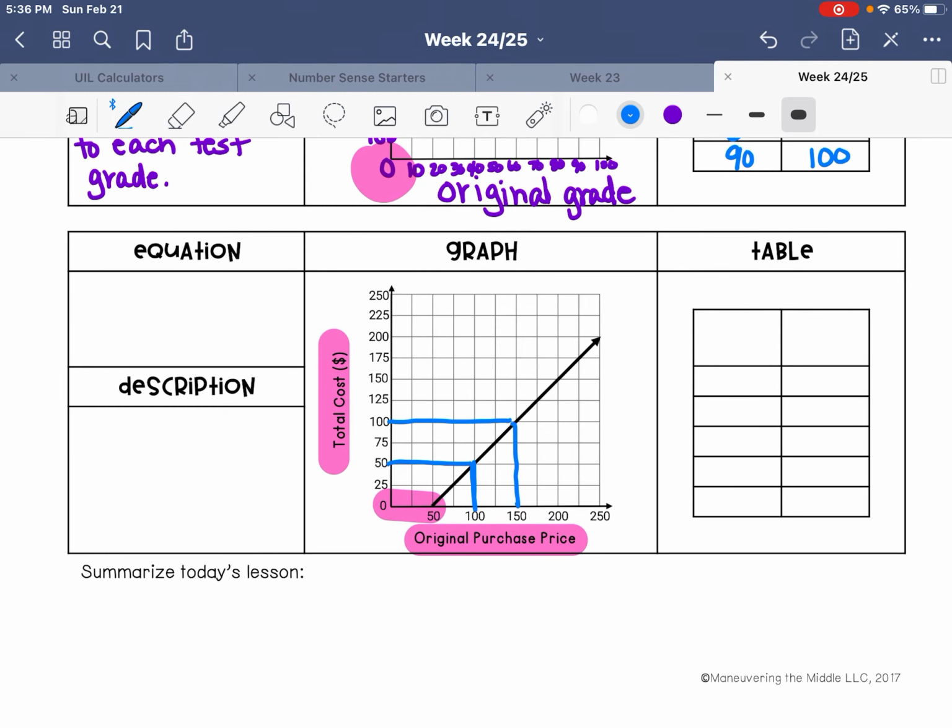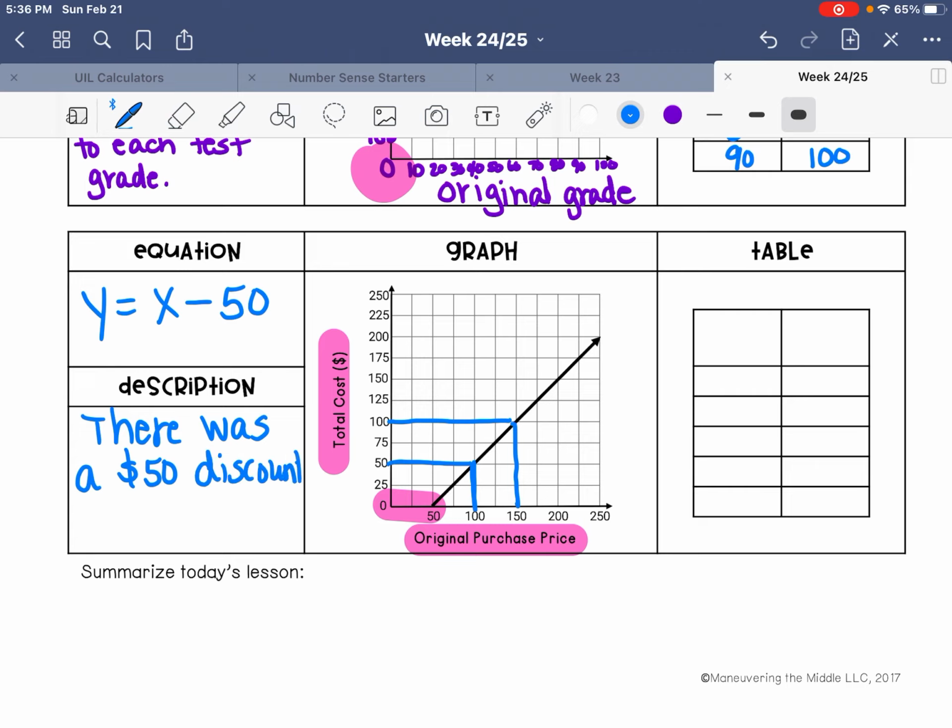The equation for that would be y equals x minus 50, because they're taking $50 off of the price. So we could say, as a word description, there was a $50 discount on each item.